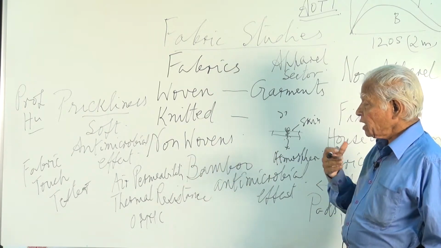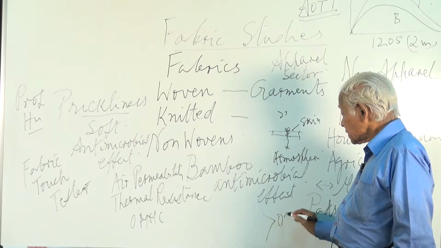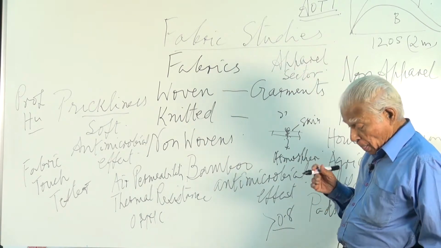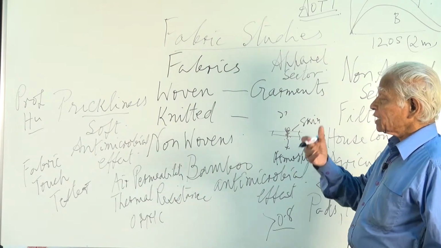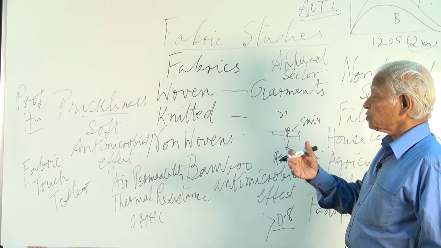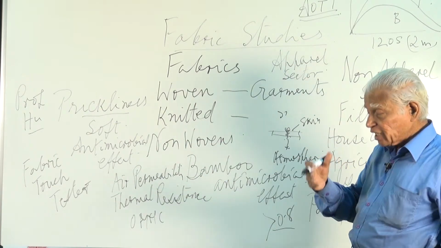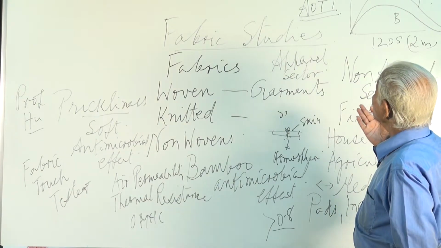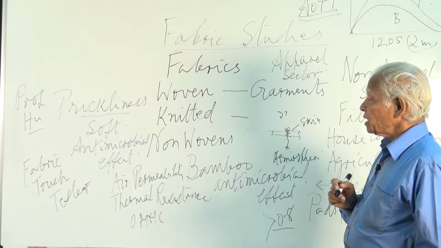The higher the OMMC, suppose it exceeds 0.8, it is considered to be very good, excellent. So, on the basis of this OMMC, it is possible to classify the fabrics according to their moisture absorbing capabilities or the so-called liquid transmission properties. And a number of studies have been carried out using this OMMC.